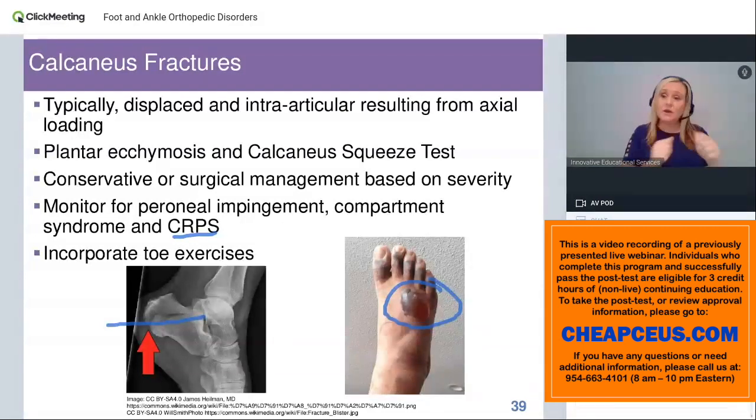Mobilizations might be needed all the way down. We need to make sure that we restore this in all of our foot and ankle patients. This is just a good time to bring it up. In order for that push off phase of gait, we need to get 65 degrees of great toe extension. So we want to make sure that we achieve that for the individual also.